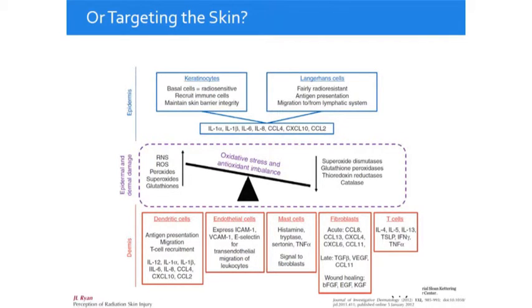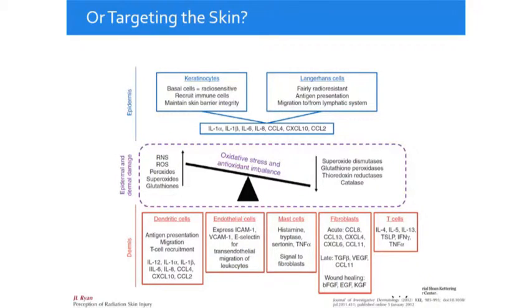And as you can see here, the targeting of the cancer is also accompanied by targeting of the skin, because in the epidermis, which is the outermost layer of skin, as well as the dermis, almost every single cell that is resident in those structures is affected by radiation.